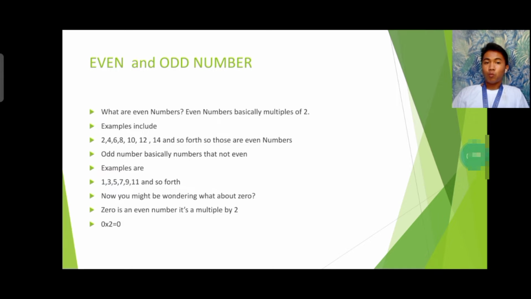Examples are 1, 3, 5, 7, 9, 11, and so forth. Now, you might be wondering, what about 0? 0 is an even number. It's a multiple of 2 because 0 times 2 equals 0.